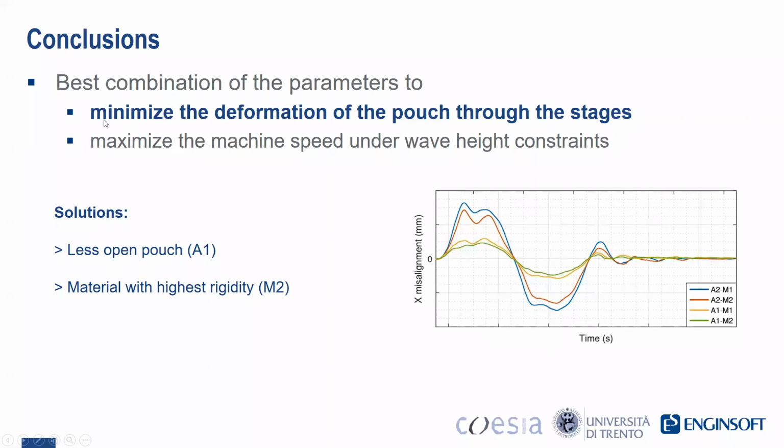In particular, if we want to minimize the deformation of the pouch, we saw that we better work with a slightly less open pouch, because in this way the misalignment between the barycenter and the center is smaller, and also stiffer materials could be better to reduce this type of deformation.